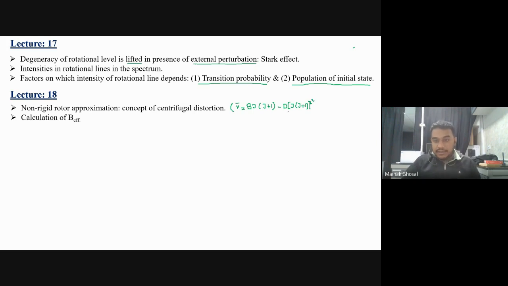Here D is known as the centrifugal constant. When you calculate the energy difference between two levels, delta nu bar, another term was introduced, B effective.